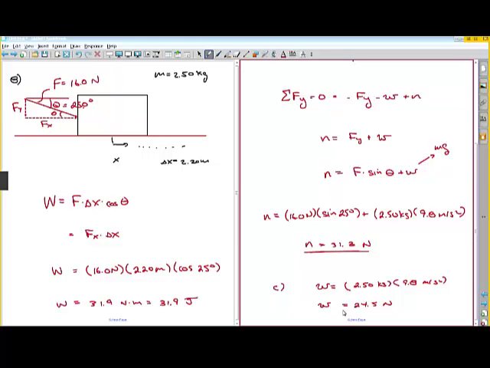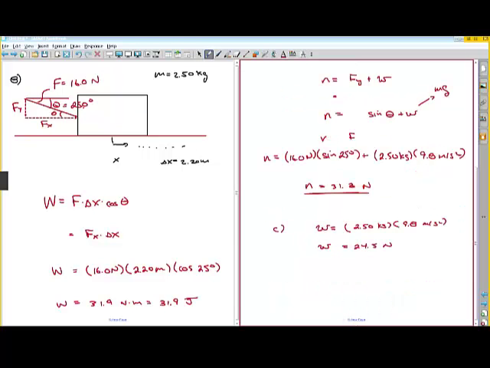And the net force on the block. Well, there's no net force in the vertical direction because there's no movement. So the only net force is in the x direction. And so the net force is really just F sub x, because it says frictionless, I think. And it's just going to be 16 newtons times the cosine of 25 degrees.